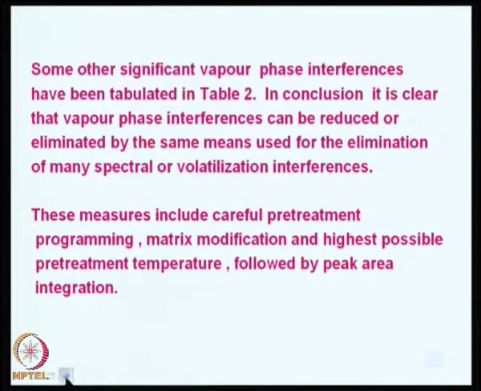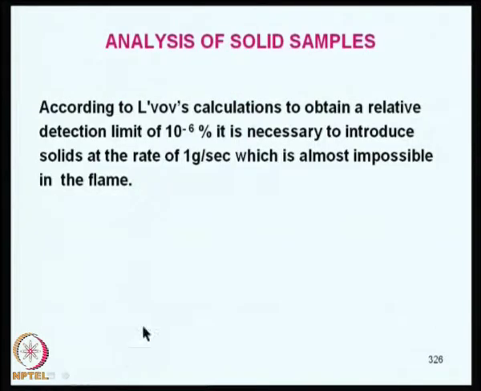At this stage, I just want to tell you that analysis of solid samples can also be done directly in graphite furnace, that is according to Labov calculation. It is possible to obtain detection limits of about 10⁻⁶%, and it is necessary to introduce solids at the rate of 1 gram per second, which is almost impossible in the flame.